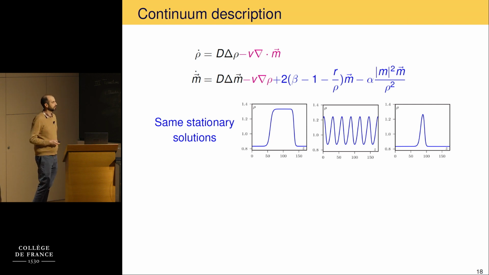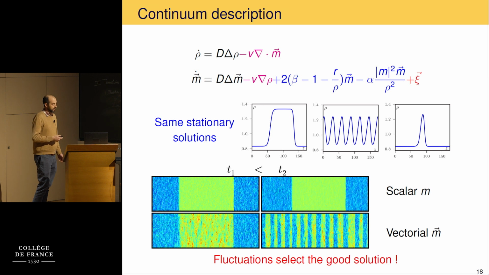So what's the difference? Well, actually, the right solution must be selected by the fluctuations. Since they have the same deterministic solution, the fluctuations must be important. And to show this, we have simulated both equations, so with scalar magnetization and vectorial magnetization. We start from a large phase-separated solution, and we let it evolve for a very long time.